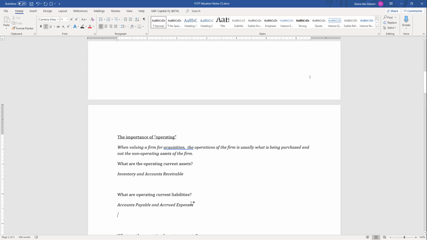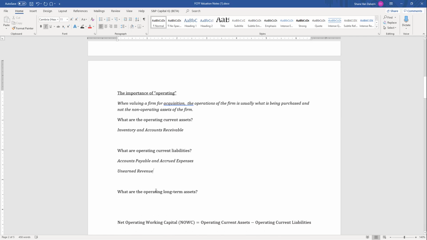There's another one I'm going to add. In at least one of the examples we're going to look at, there's short-term or current unearned revenue and long-term unearned revenue, and I believe that's also the case for the company that you're going to value.